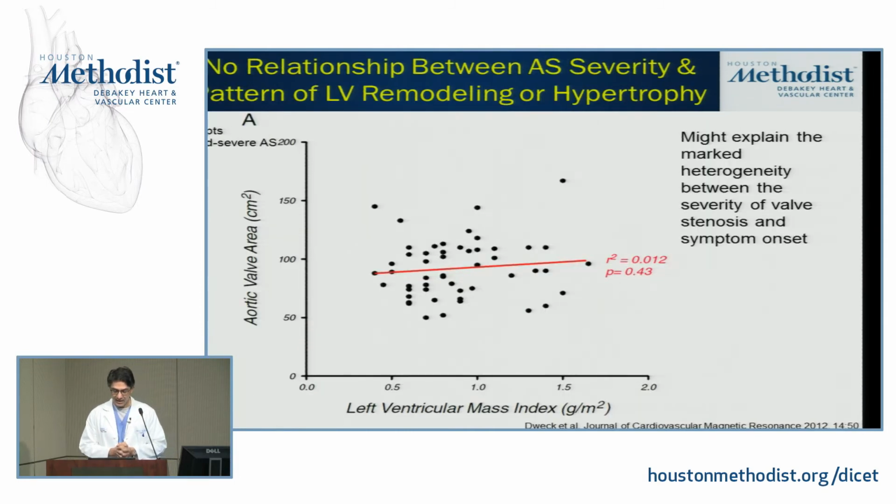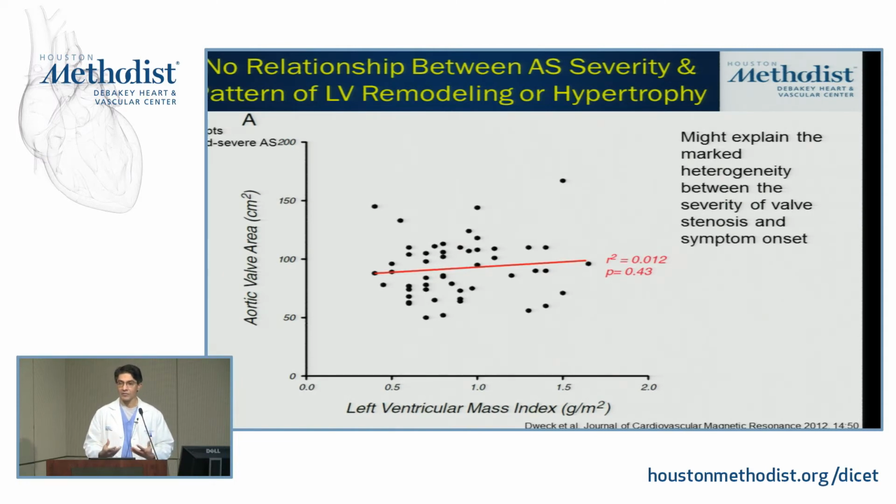And in this study, they looked at the relationship between pattern of LV remodeling by the LV mass index and the aortic valve area, showing that there was still a lot of heterogeneity. This may potentially explain why one patient with a valve area of 0.8 has tremendous symptoms, whereas another patient with a valve area of 0.8 has no symptoms.